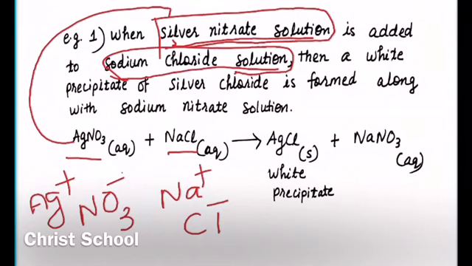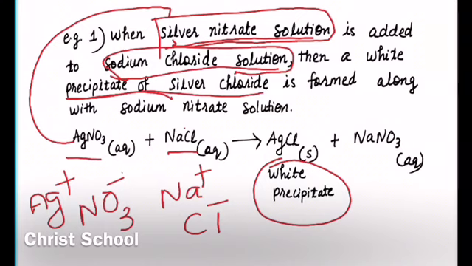When you mix these two, silver nitrate and sodium chloride solutions, we will get two products. First product is silver chloride, and this silver chloride is a precipitate which is white in color. So when you mix aqueous solutions of silver nitrate and sodium chloride, you will see the formation of a white precipitate. This is silver chloride. How will you get the formula?